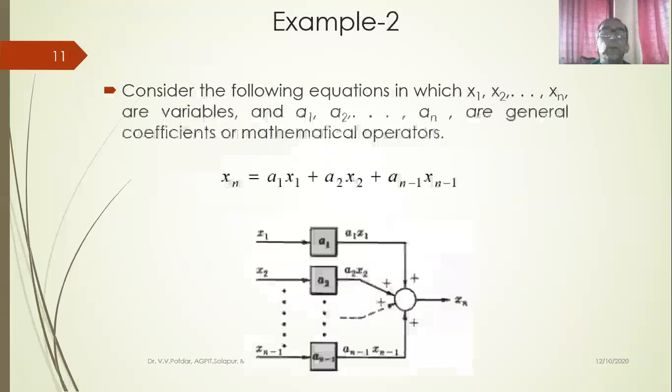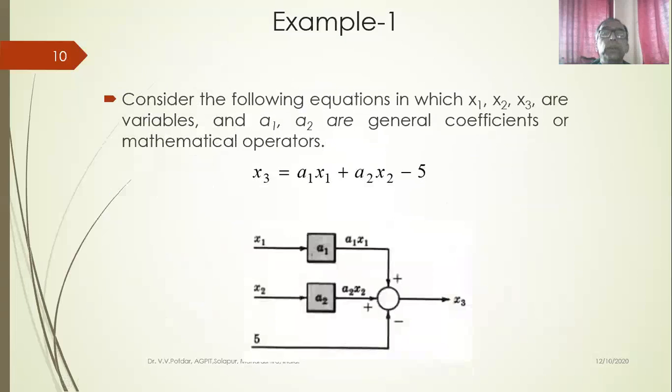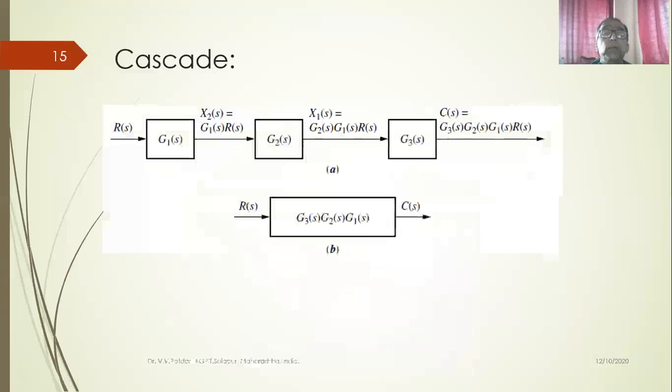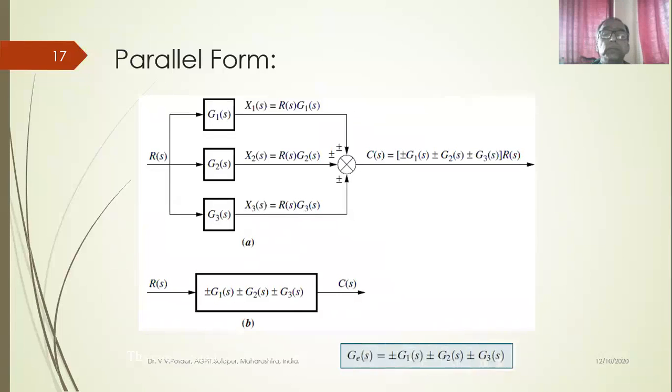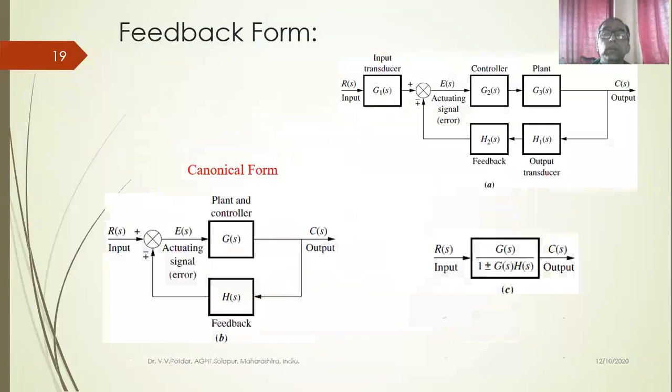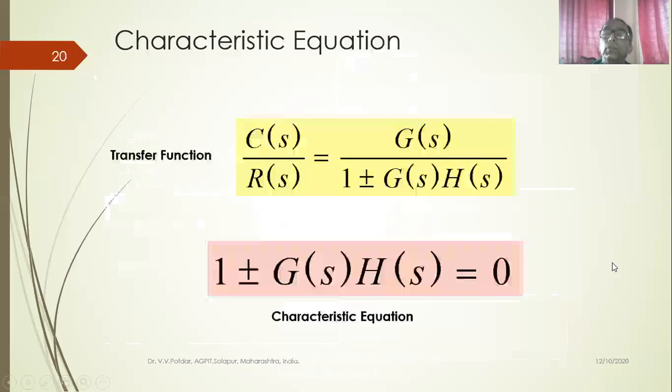Let us quickly go to the next rule. If you look at the closed loop transfer function of this feedback control system, C(s) is the control variable, that is the output, divided by the reference input, that is the input.